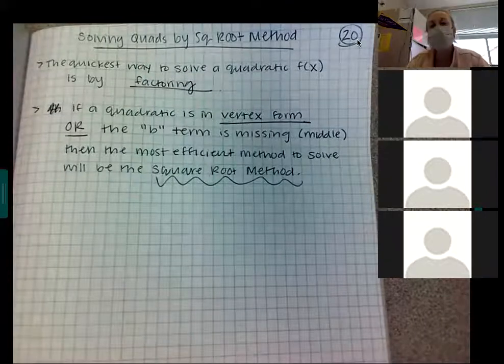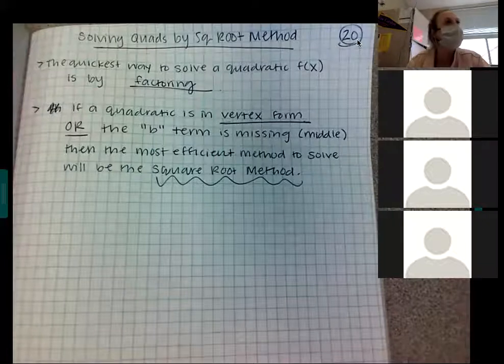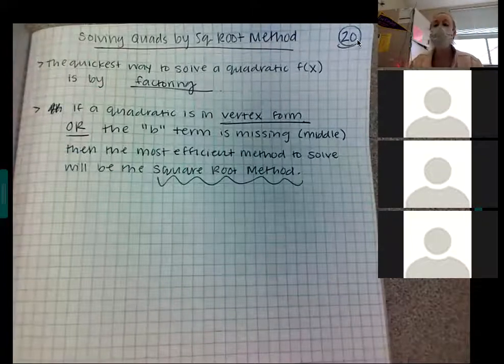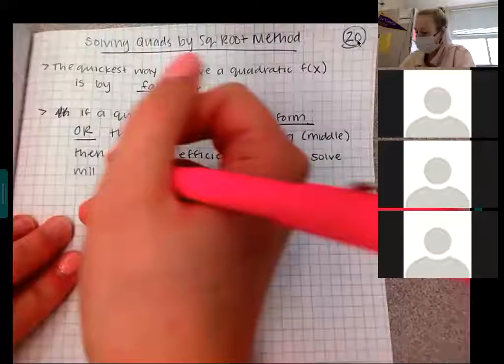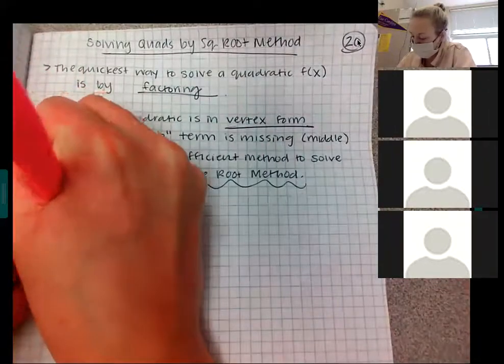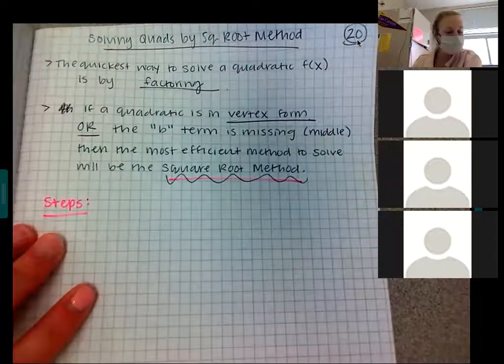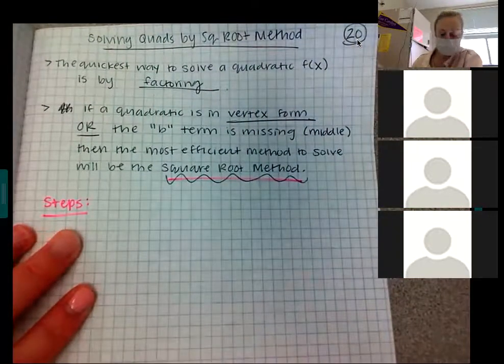What do you think we're going to be doing when we use the square root method? Squaring. Taking the square root. Very good. Duh, right? It's in the name. We're going to be taking the square root. Good, Carter. So here's your steps for the square root method. I'm going to put them in pink.